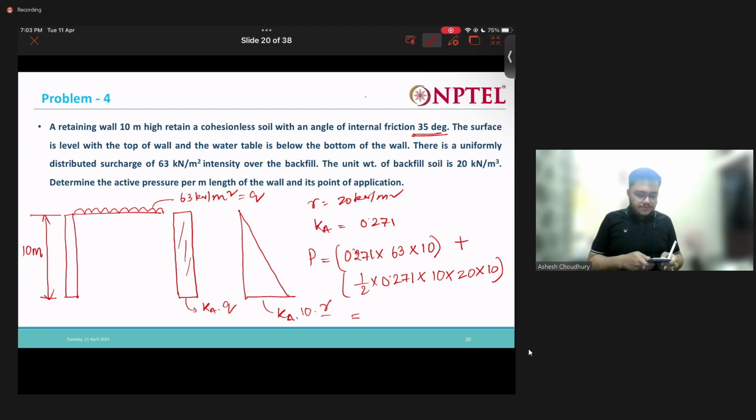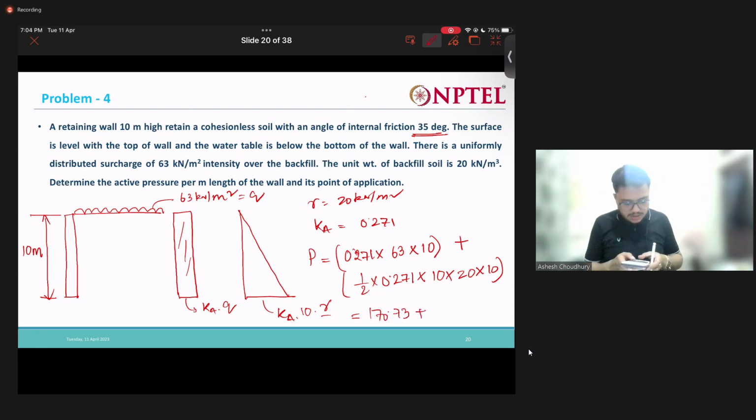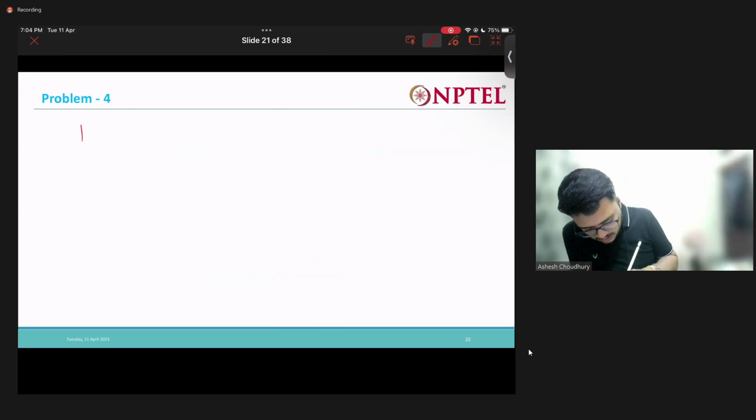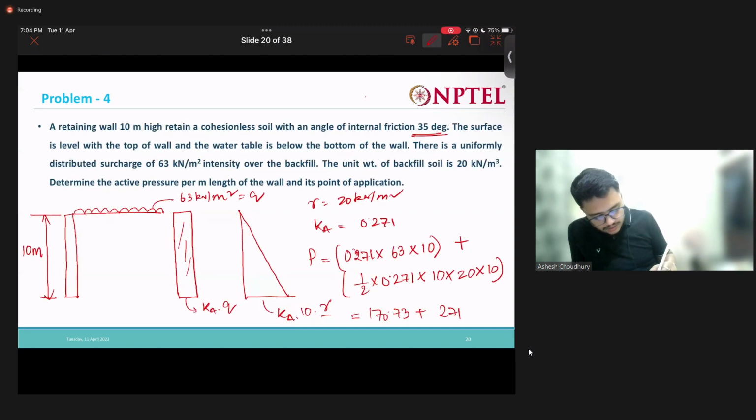So it will be 170.73 plus 271, which is 441.73. So P is 441.73 kilonewtons.